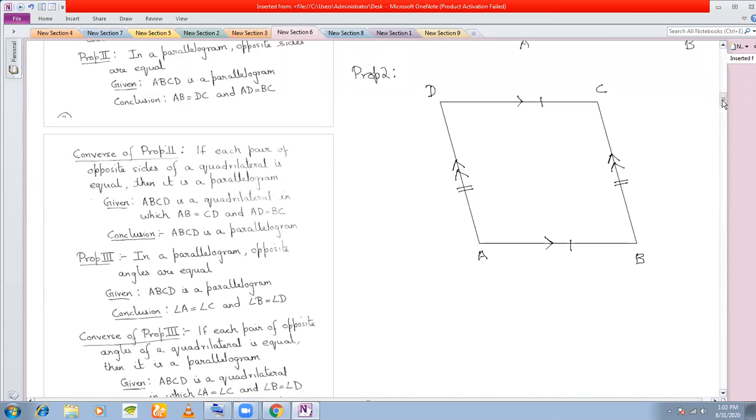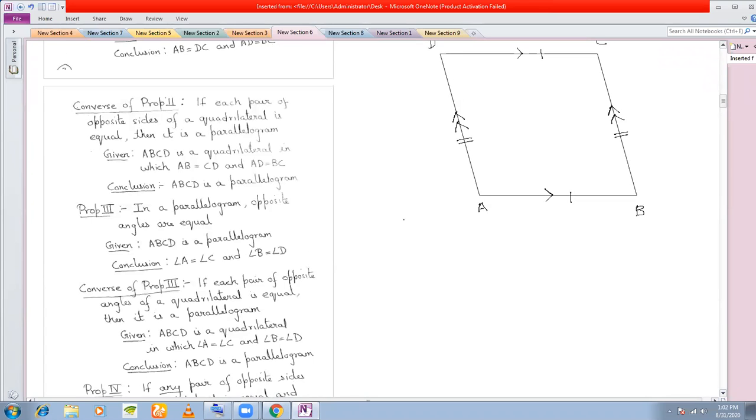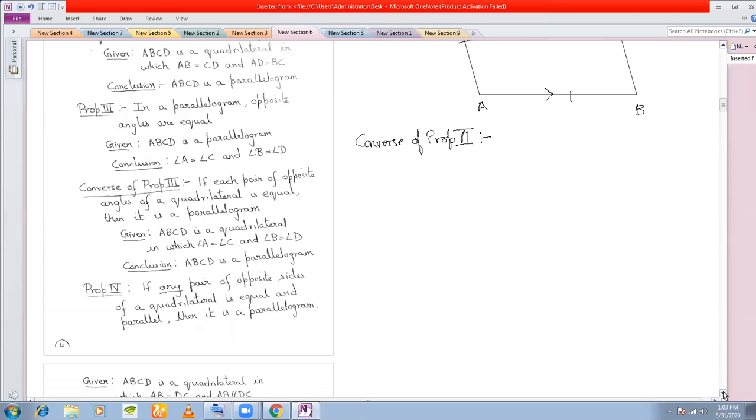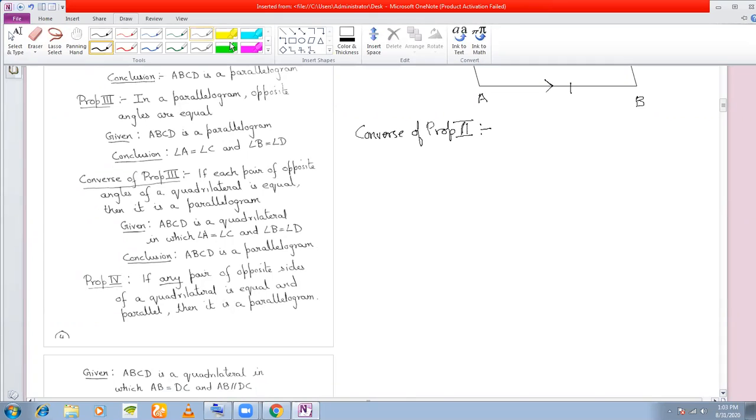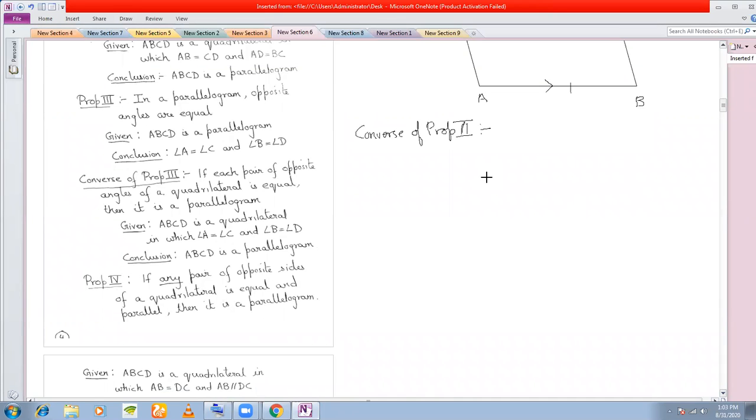Now, not only this property, but there is a converse of this property also. Converse of property 2. Now, what is the converse of property 2? According to the converse, if I give you any quadrilateral, not necessarily a parallelogram, I don't know whether it is a parallelogram, I don't know whether it is a rhombus, I don't know anything, but this is some quadrilateral.